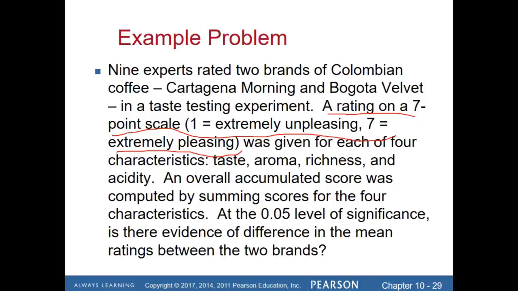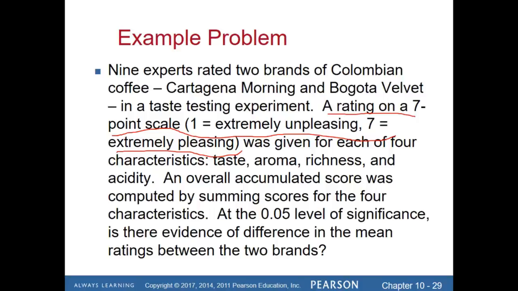What this allows us to do, as we said, is that a paired t-test really allows us to control for some variability. So, perhaps people have different palates. Some are more sensitive to acidity or less sensitive to acidity than others. People may have preferences, those kinds of things. It allows us to help control for those kinds of individual variations. So we're doing a paired t-test.